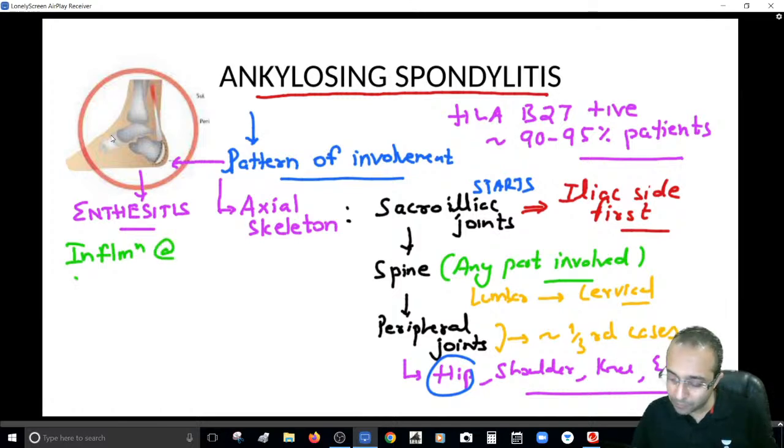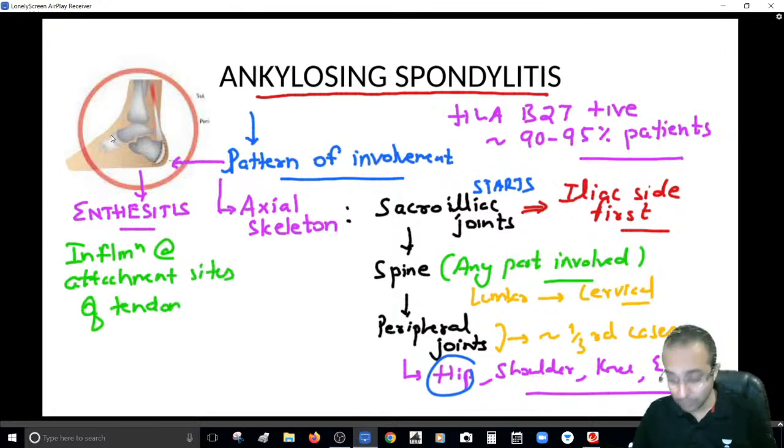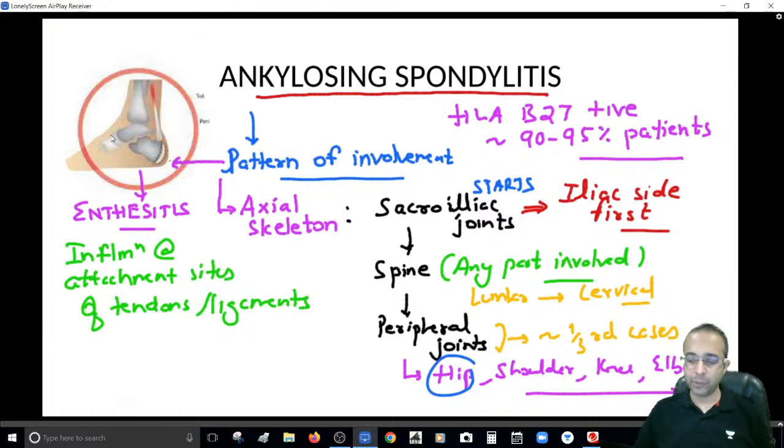Inflammation at the attachment sites of the tendons and ligaments. So that is also very classical of this condition. The tendo Achilles is attaching to the heel, so this particular area could become painful. You can have ossifications at the attachment sites of the ligaments and the tendons.